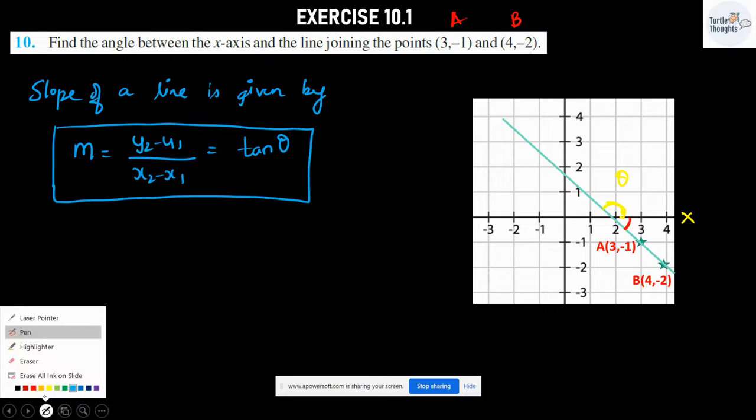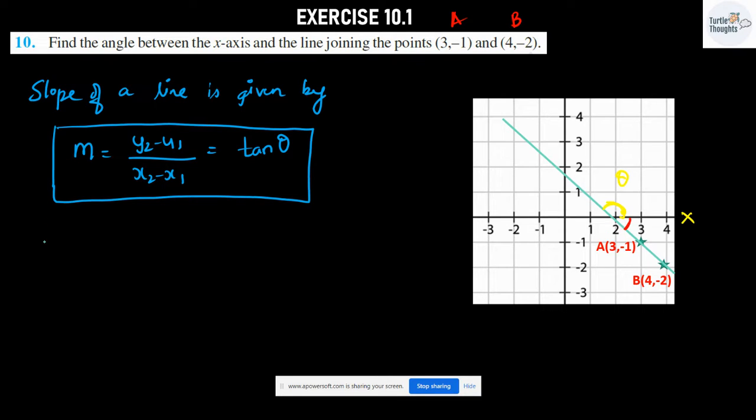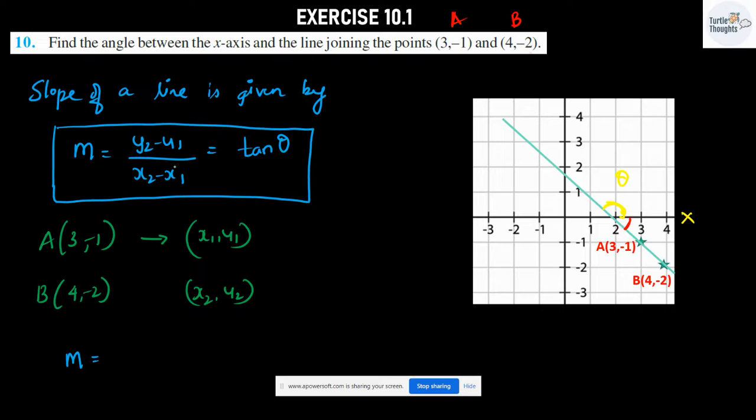So let me take A and B. A is 3 comma minus 1, B is 4 comma minus 2. Let this be x1, y1, let this be x2 and y2. Now I can write m is equal to y2 minus y1. y2 minus y1 I can write as minus 2 minus of minus 1 the whole divided by x2 minus x1.